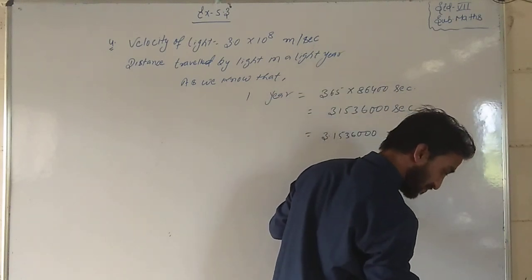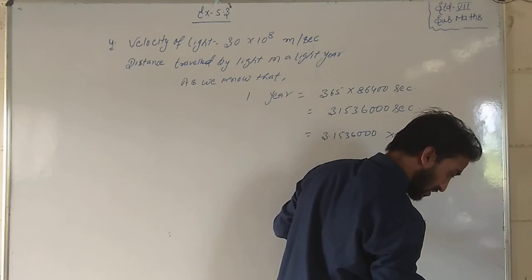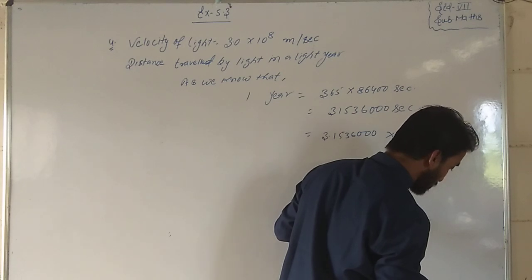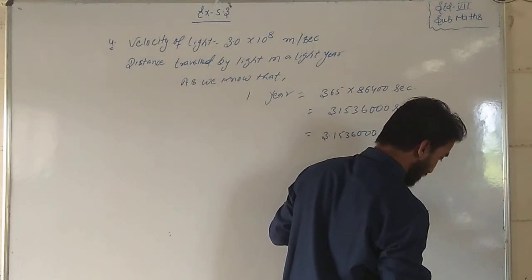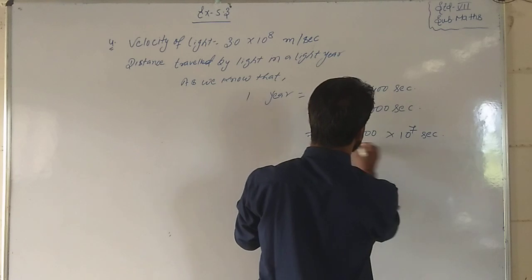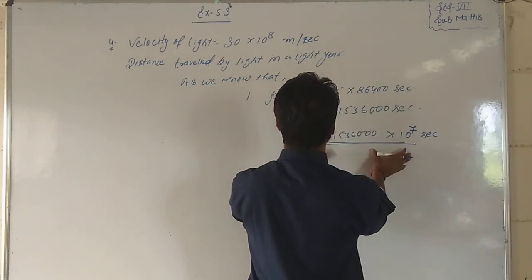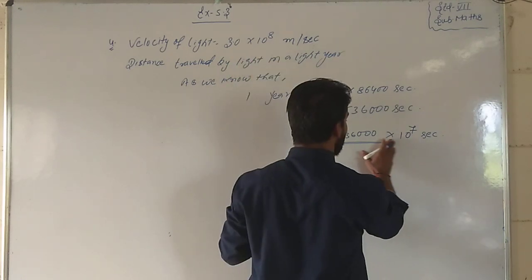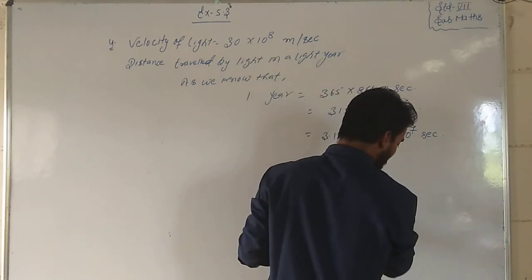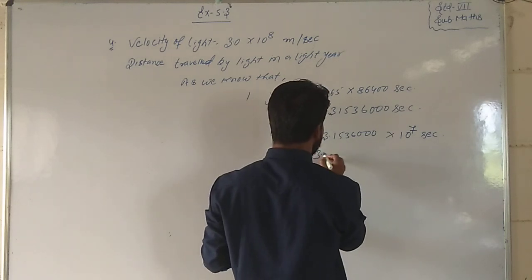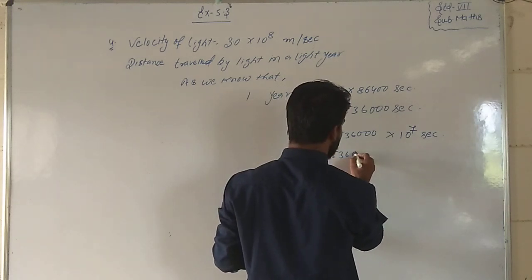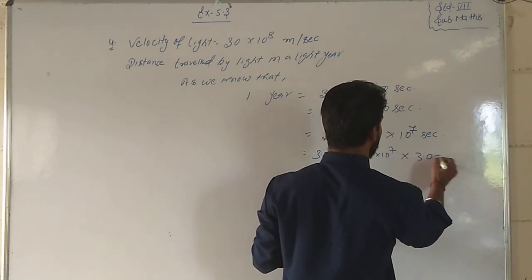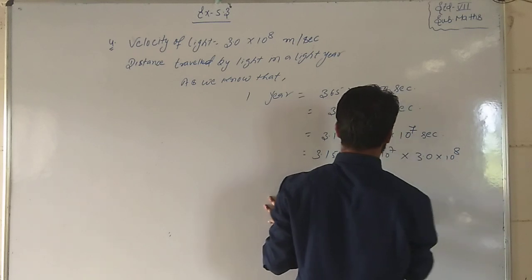Now the question says the velocity is already 3.0 into 10 to the power 8. So students, it is the light year, during which light travels this many seconds, but the velocity is 3.0 into 10 to the power 8. What will the actual value be? So we can say 3.1536 into 10 to the power 7 multiplied by 3.0 into 10 to the power 8.